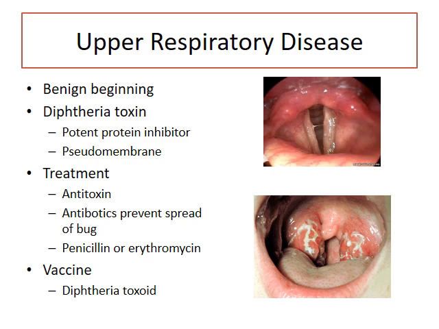This is an incredibly potent toxin, and it's capable of blocking protein synthesis in the host. So what happens then as the infection develops and protein synthesis is inhibited, cells die. So it leads to tissue necrosis and an inflammatory response.